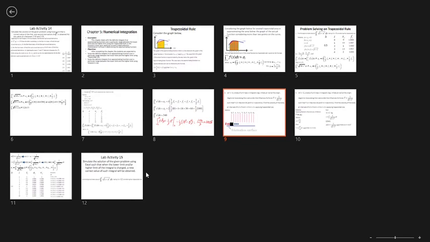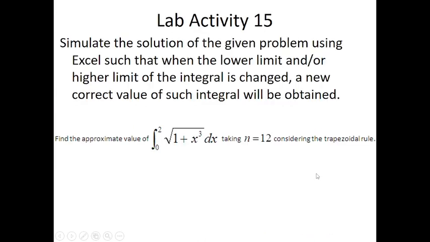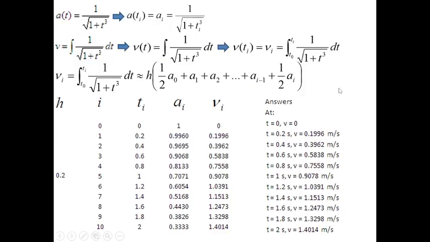So in that case, we have 0.1996 meter per second, and the like. So until we reach t equals 2 seconds, we'll get an answer of v equals 1.4014 meter per second. Okay? So that is our answer. I hope you get it.